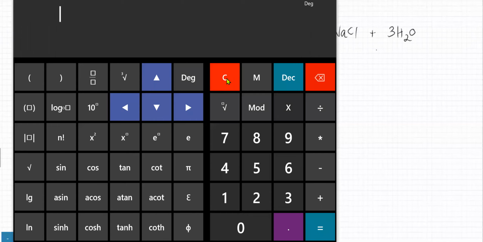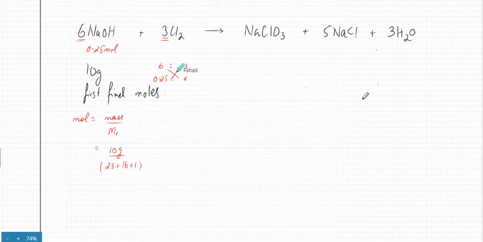So this one is 0.25 into 3 and divide that by 6. So I get 0.125 moles. And so on, I can find the moles of the other substances.